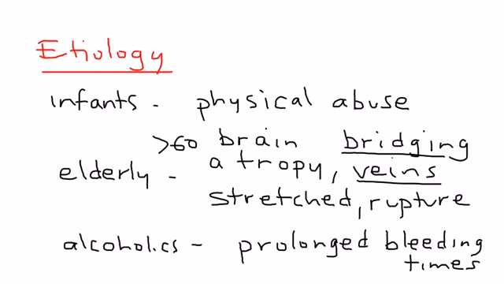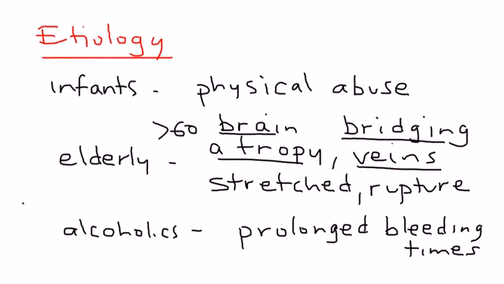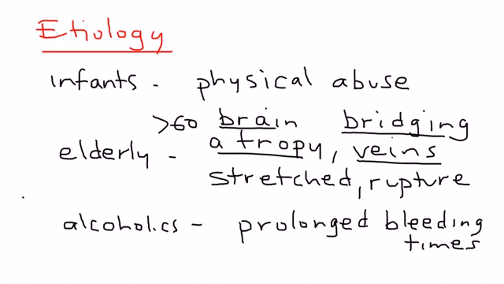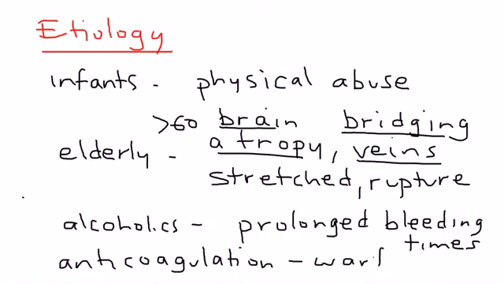Alcoholics also can have brain atrophy, which is interesting, and that cerebral atrophy can lead to tension on the bridging veins in the same way as the elderly. There's one other category I wanted to talk about, that is people on any kind of anticoagulation treatment. So for example, patients that are on warfarin. People that are on this type of treatment can have bleeds, and that's a very important thing to watch out for.